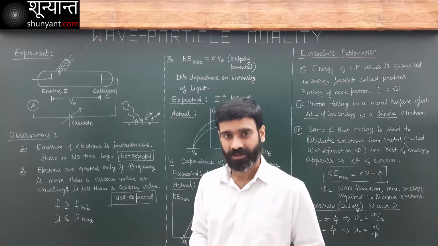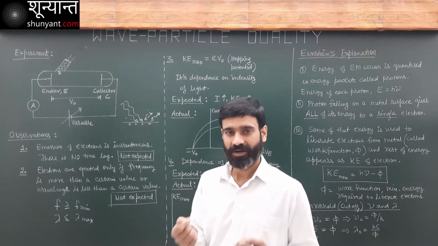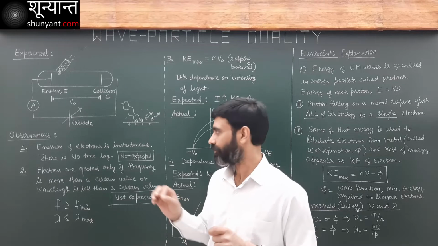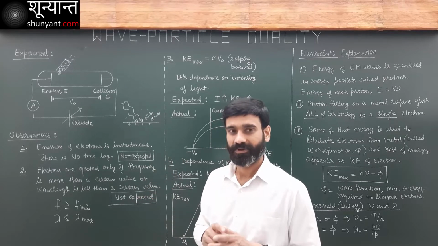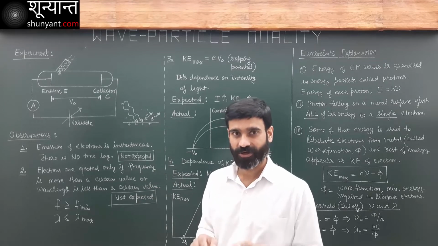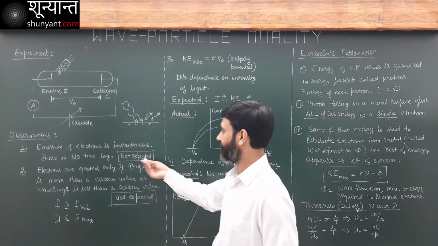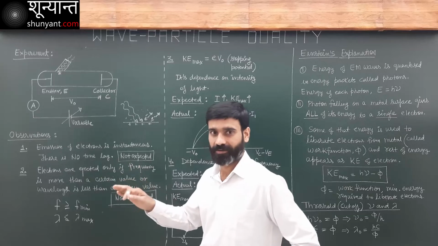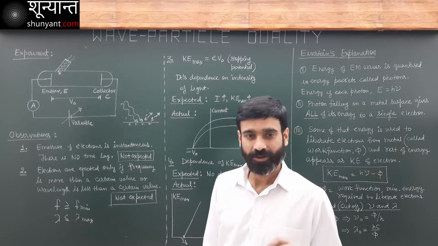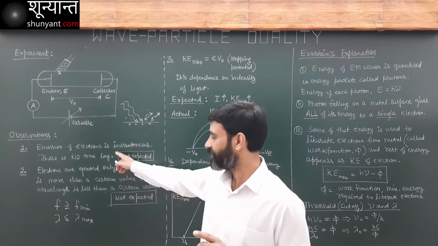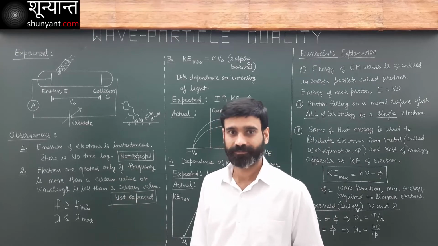Even if it is a microsecond, even if it is a millisecond, whatever it is, it is going to take some time. But that was not observed. That's why it is written, it was not expected. That means the wave theory of light could not explain this behavior.